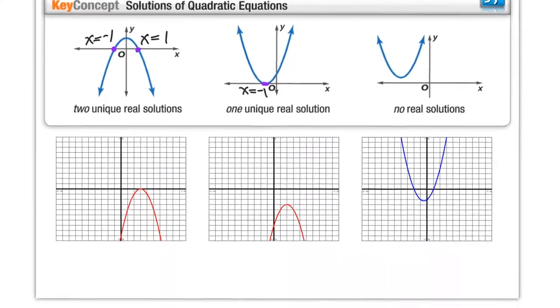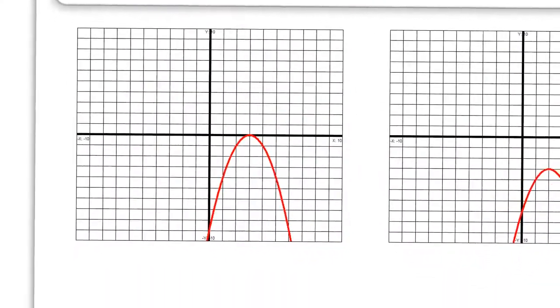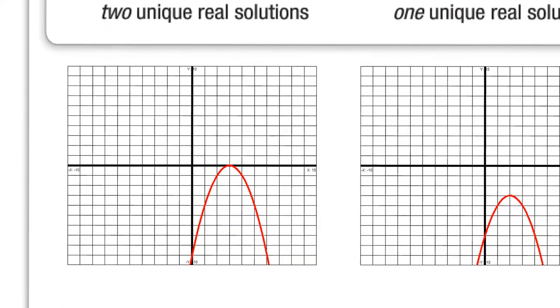So let's look at these 3 graphs on the screen. The first one, you notice we have the parabola going down, and the point that is touching the x-axis, I'm just going to make a big X here so you know that's the x-axis, that's the y-axis. The point is here. Now, what is the x coordinate or the x value on that point? I'm just going to look at the x-axis.